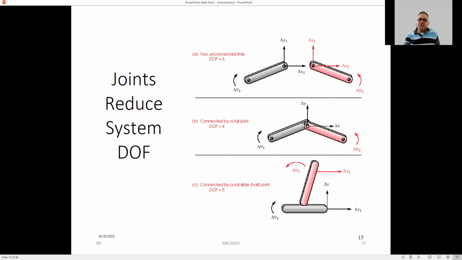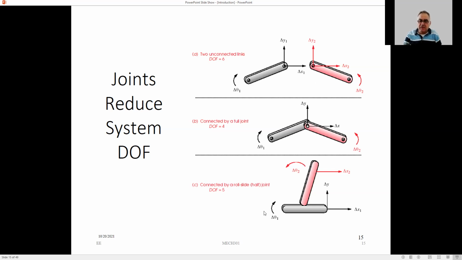So the degree of freedom of this revolute joint is just 1, okay? So with respect to the first one, the second one can make only one possible motion. If you hold the first one fixed, the second one can only make one motion, which is a rotation. So the degree of freedom of this joint is 1.